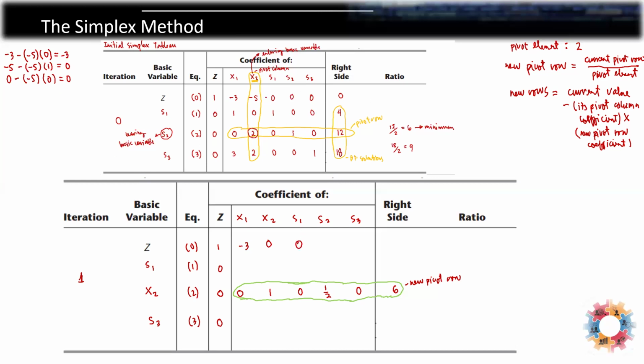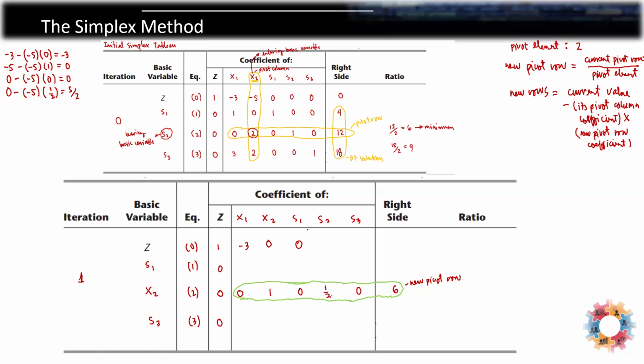Then under S2 you have 0 minus -5, that's your pivot column coefficient, times your new pivot row coefficient, which is 1/2, so that equals 5/2.